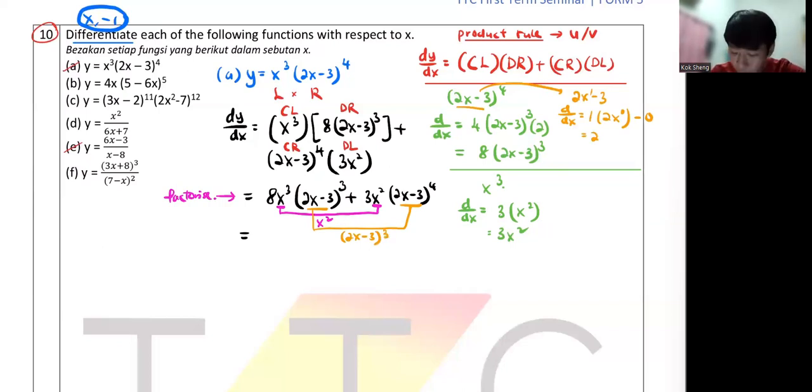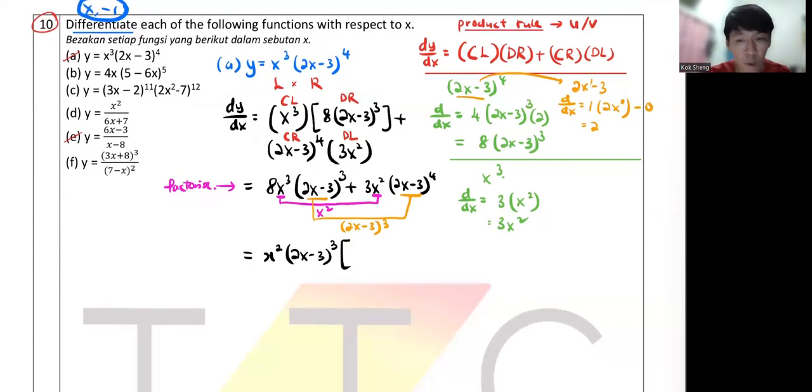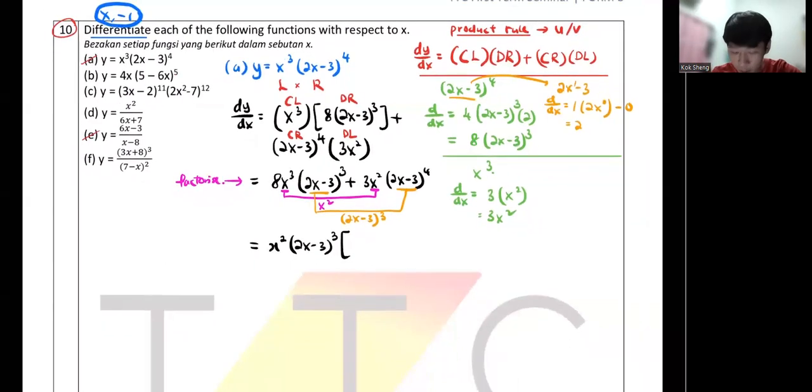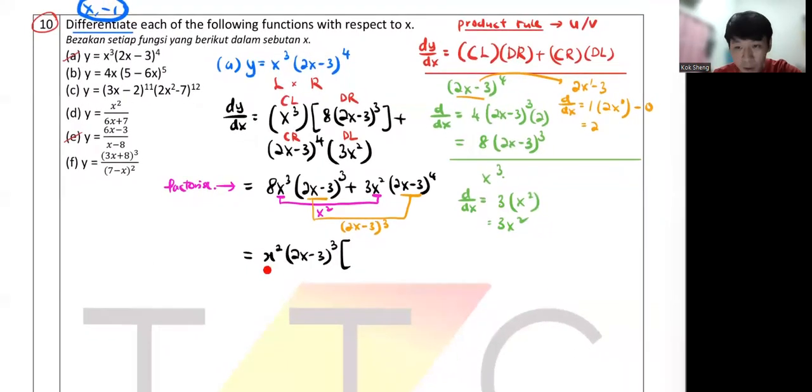So these are the two things we're going to factorize: x squared and the bracket 2x minus 3. These are the two things to factorize, so right outside, this one right outside.